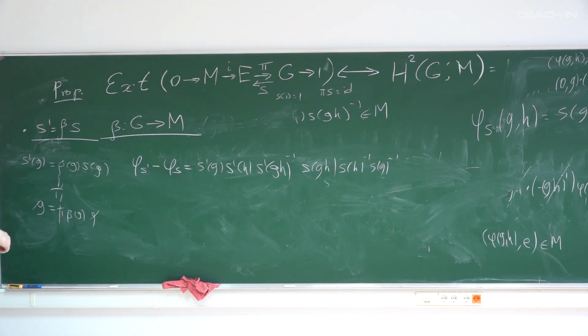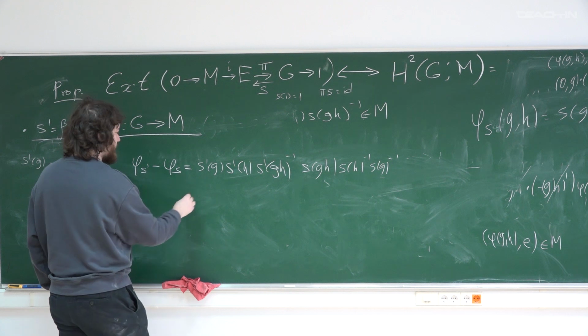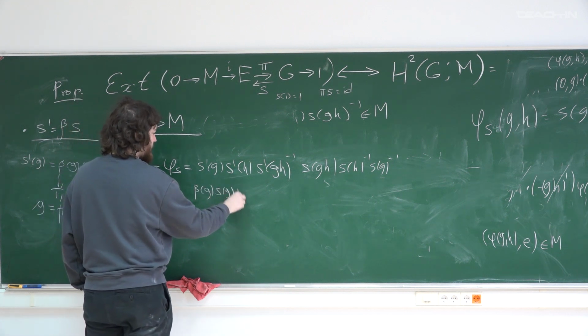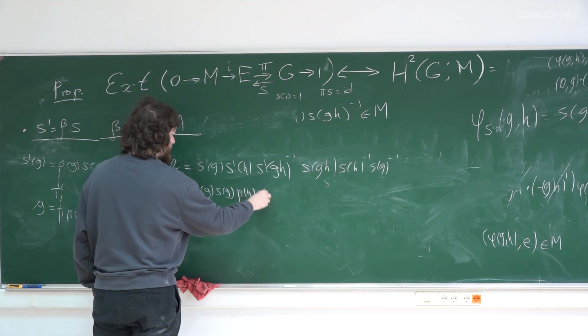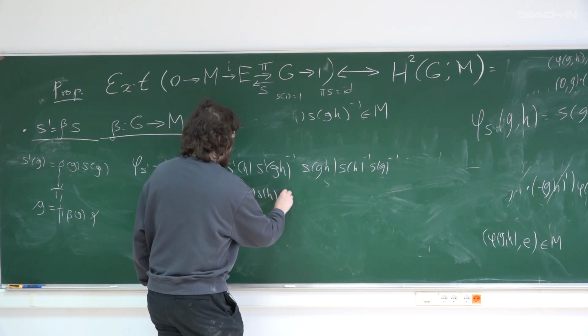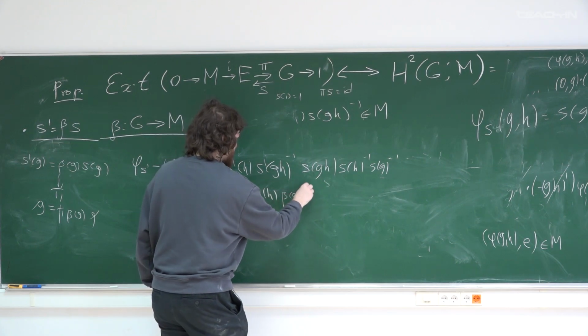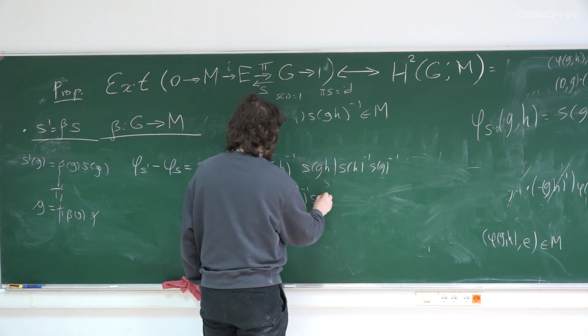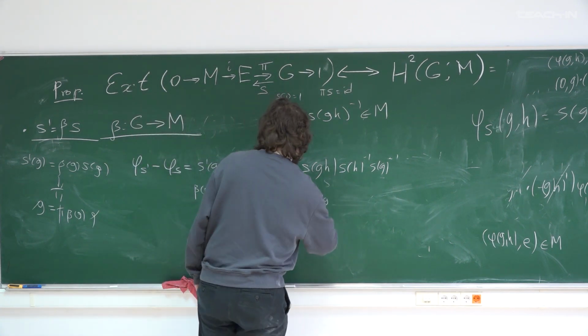So this is beta G S G, beta H S H, beta GH minus 1. Sorry.